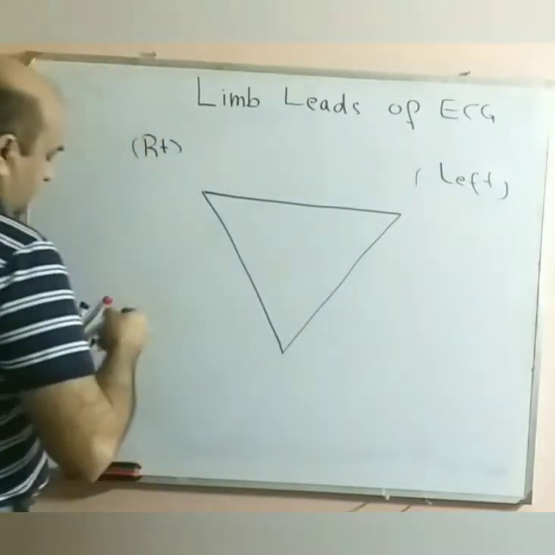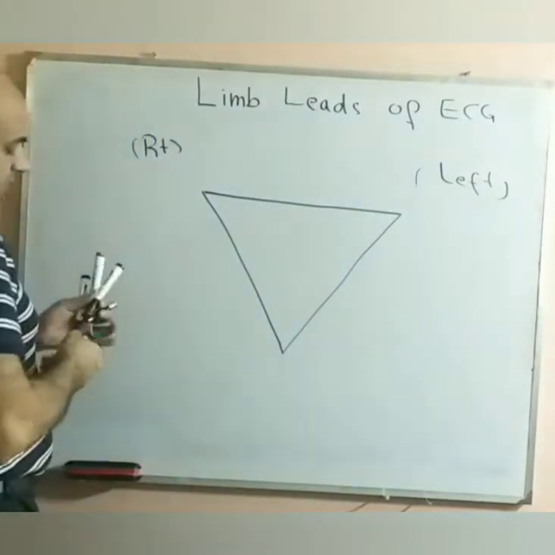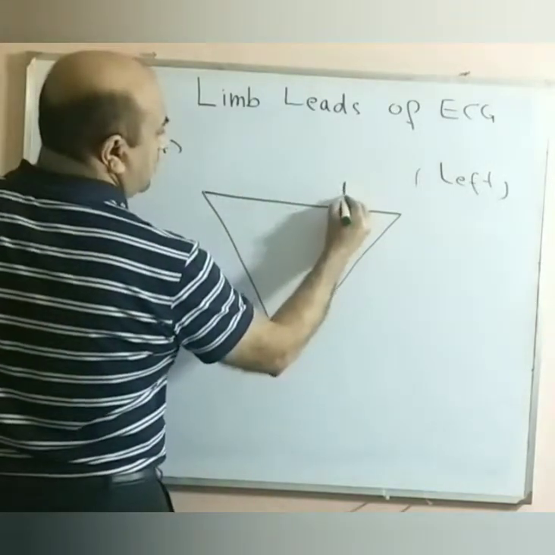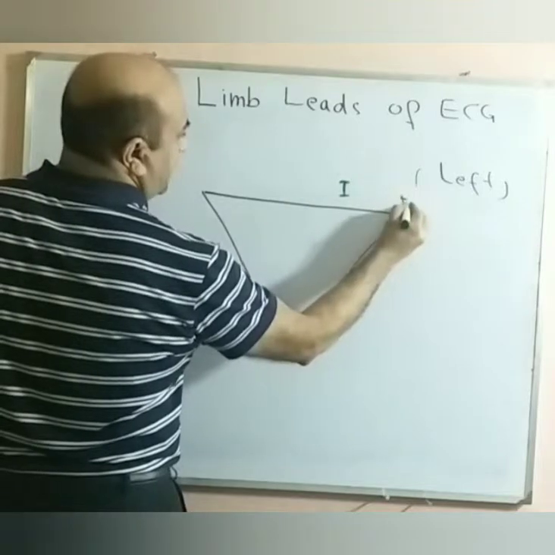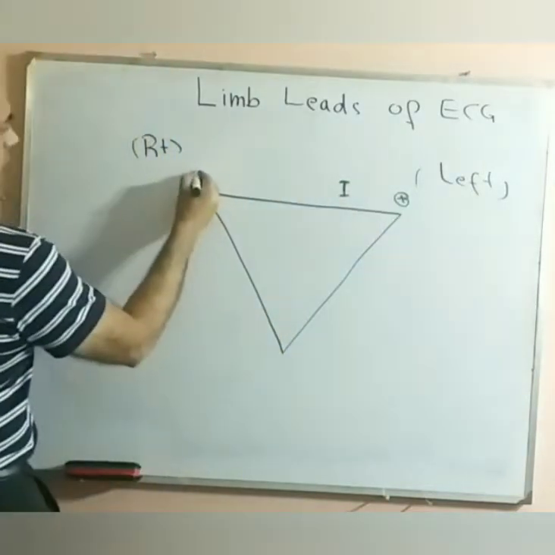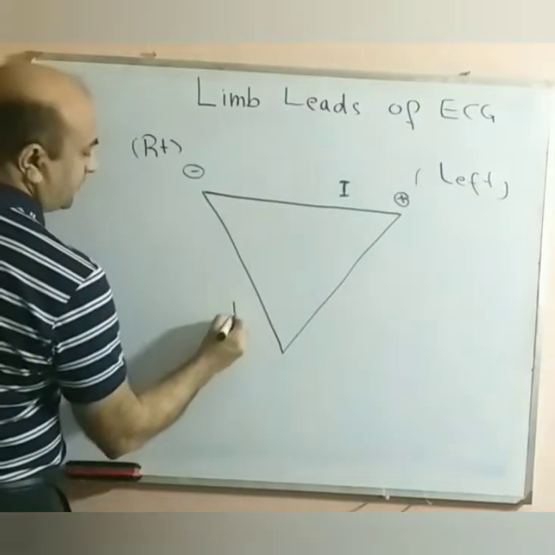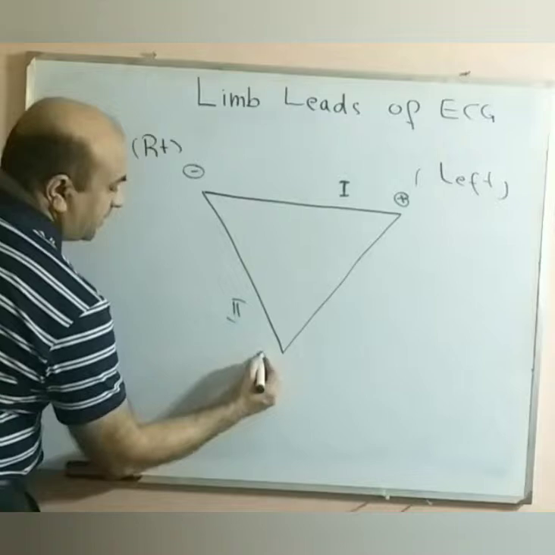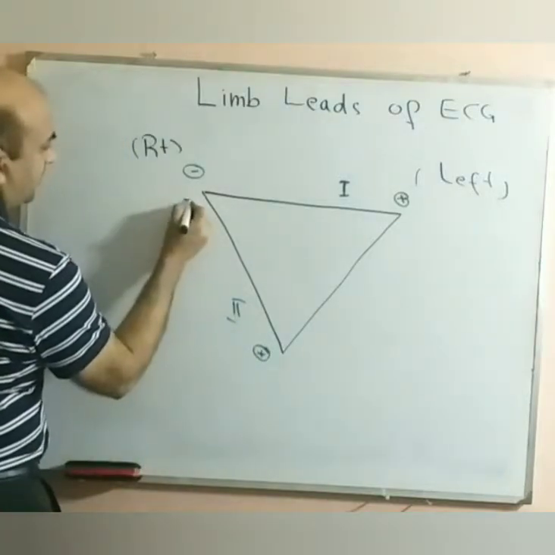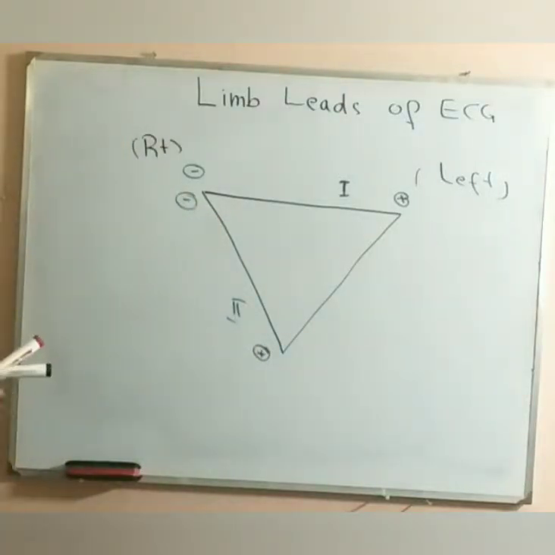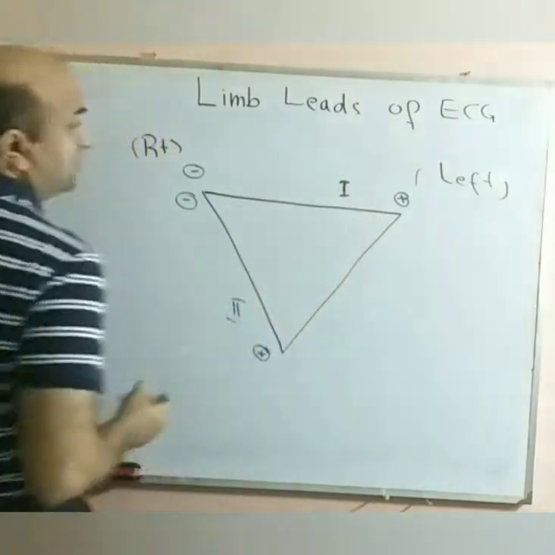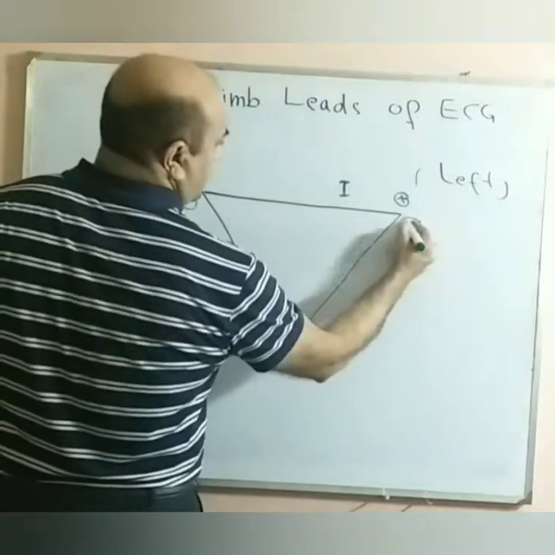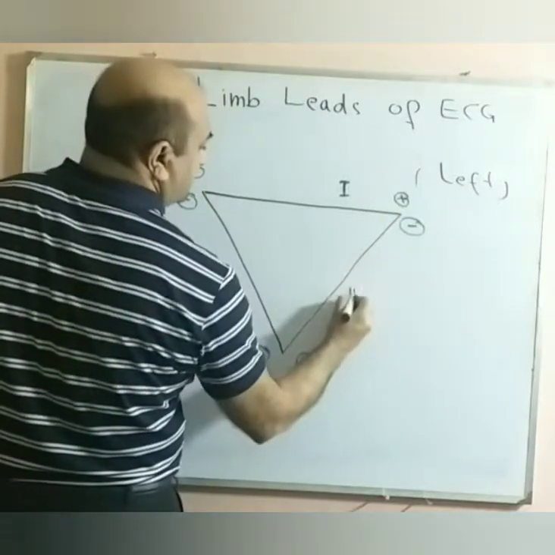Lead 1 is located between the left arm and the right arm. This is lead 1. Its positive pole here and negative pole here. Lead 2 is located between the left foot and the right arm. Its positive pole here and negative pole here. Lead 3 between the left foot and the left arm. Its positive pole here and negative pole in the left arm.